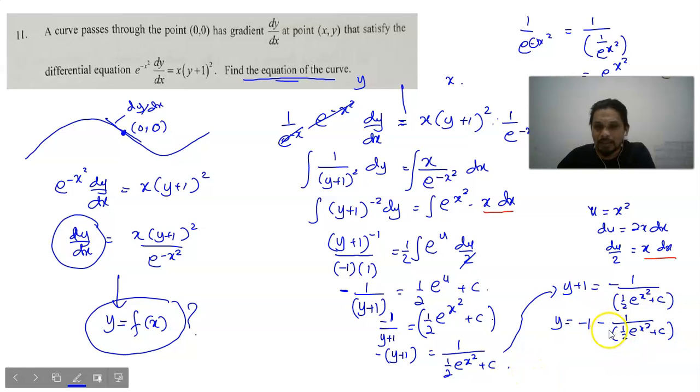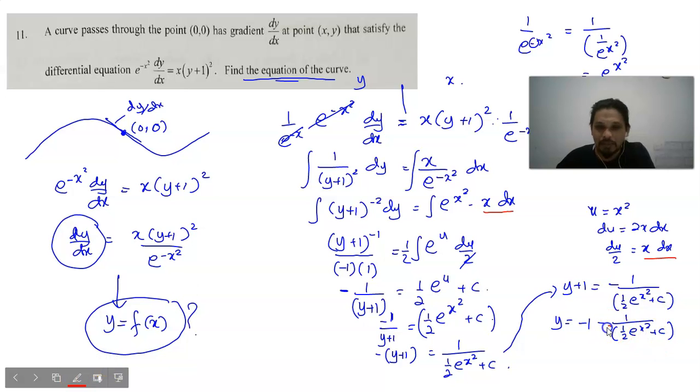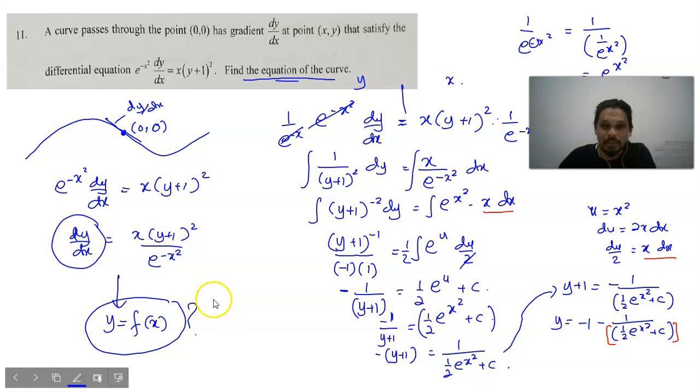Okay, so just thinking of how we are going to simplify this, especially this one here. Let's try with 1 over 2 e to the power of x squared plus c, and simplify this as e to the power of x squared divided by 2, so this is over 1.